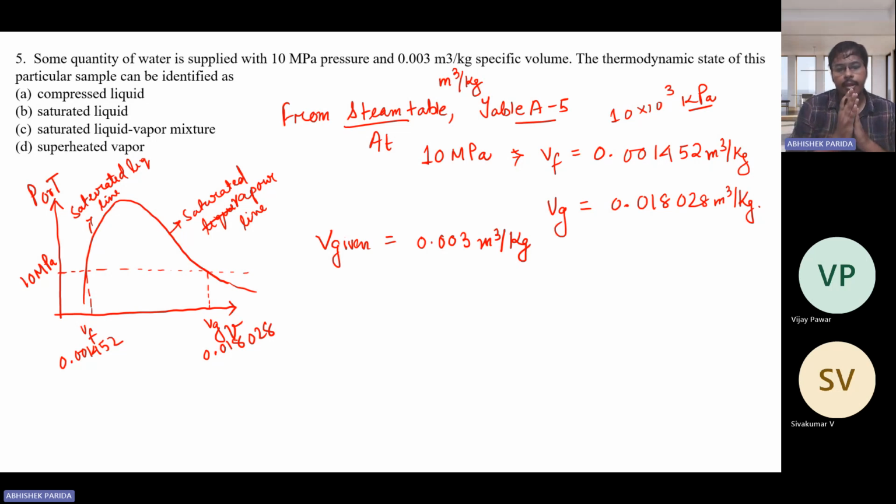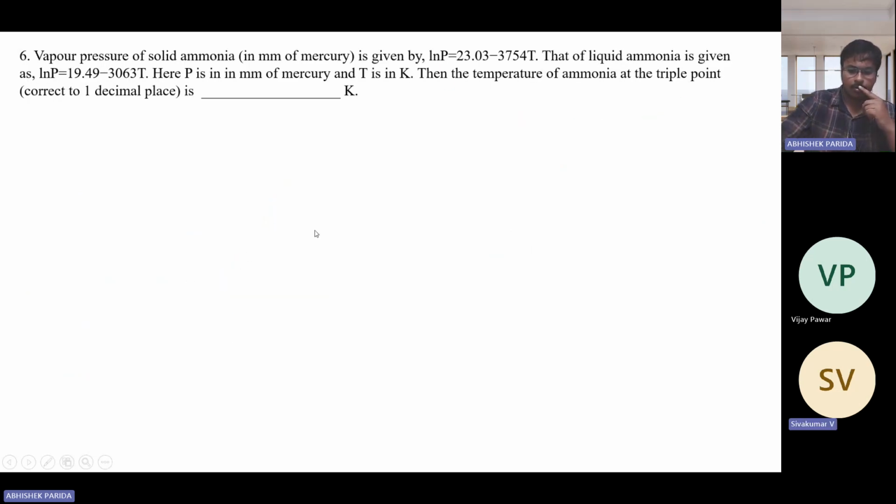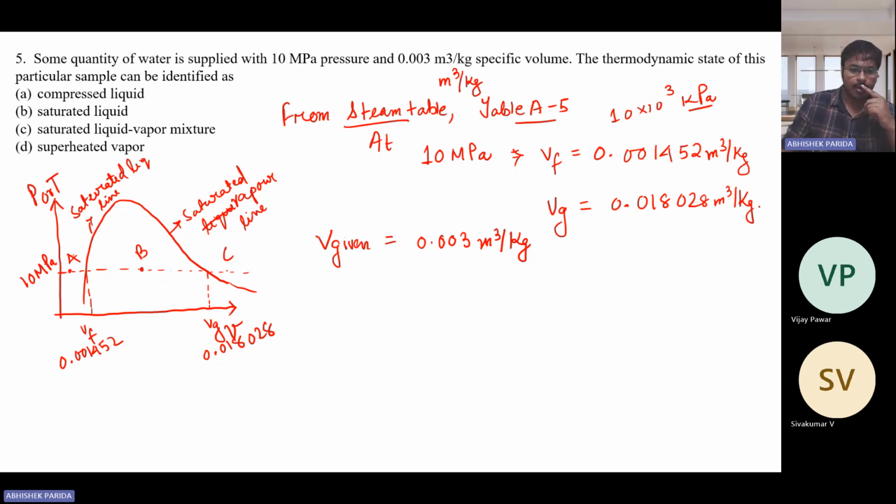So now tell me whether 0.003 will exist in between this. I will mark at point A, point B or point C. That's point B. Yes, correct. So it will be somewhere here, 0.003 meter cube per kg.